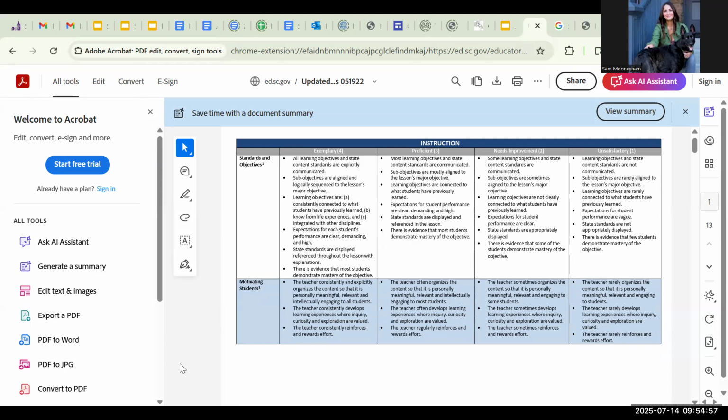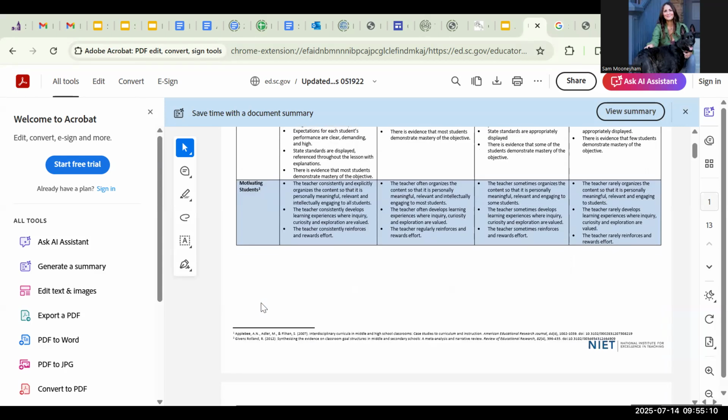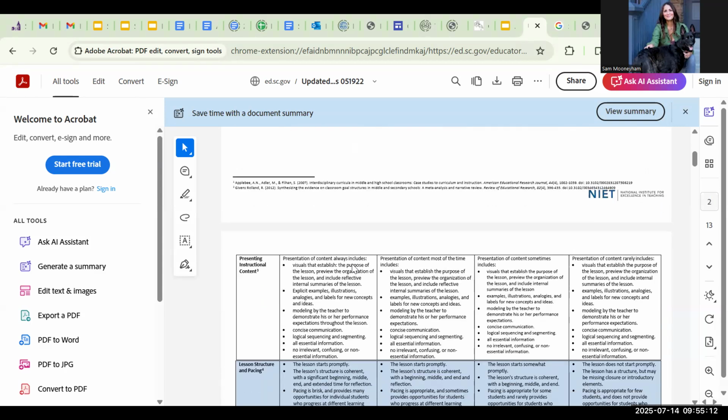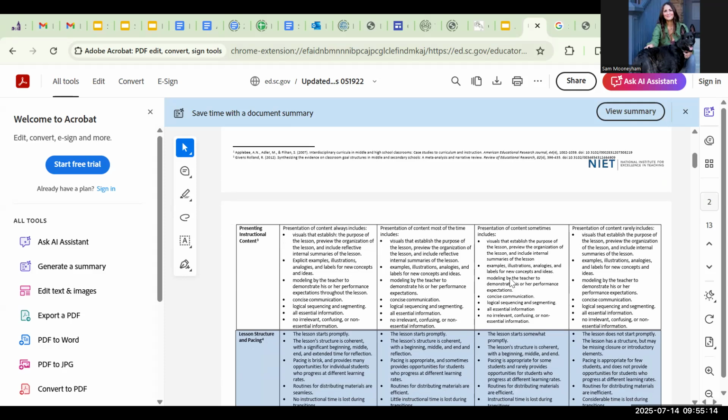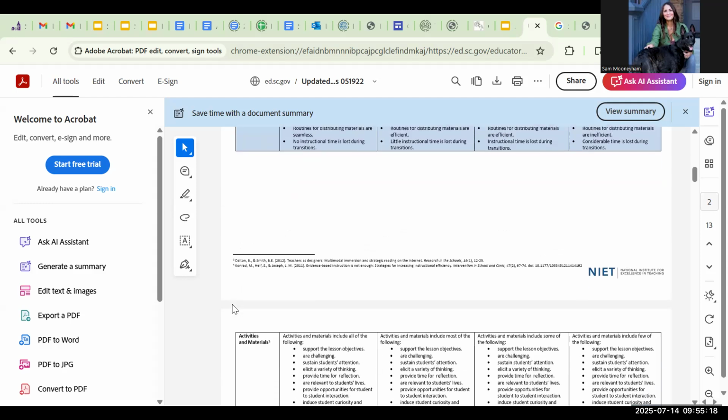So you can see the instruction domain. When I said that there are indicators, this is what I mean. Standards and objectives, motivating students, presenting instructional content, lesson structure and pacing, and so on.